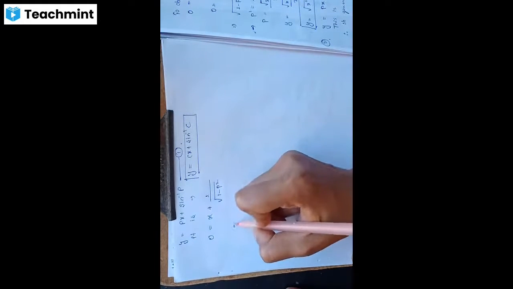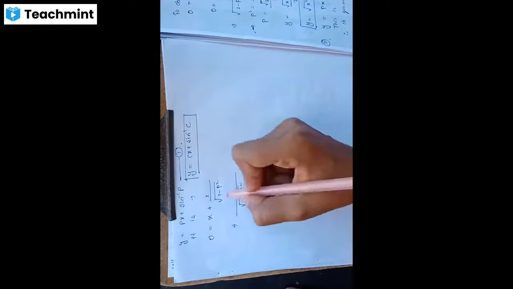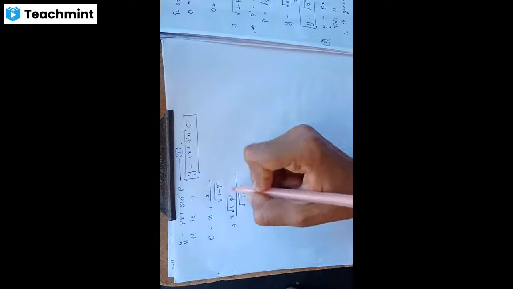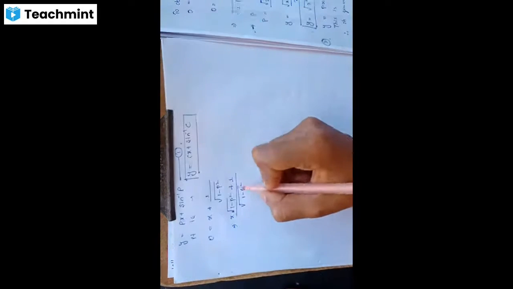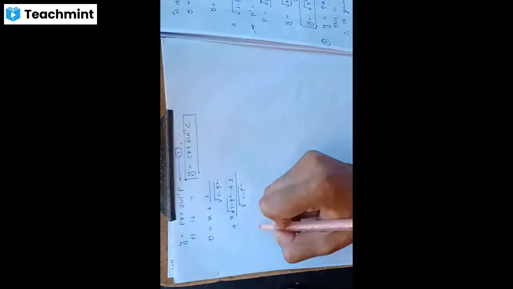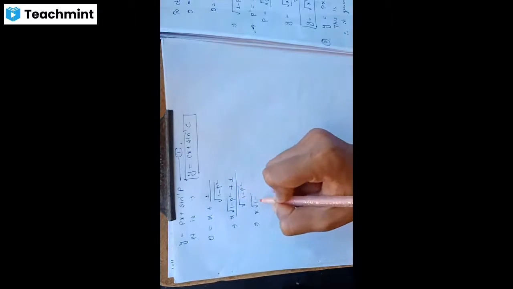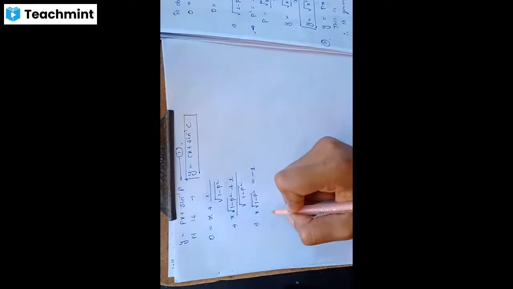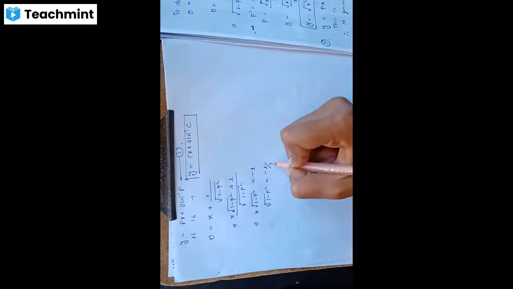So if you take root(1 − p²) as the LCM, just cross multiply: x into root(1 − p²) + 1. So this denominator gets cancelled. The remaining terms are x into root(1 − p²) = −1. So root(1 − p²) = −1/x.